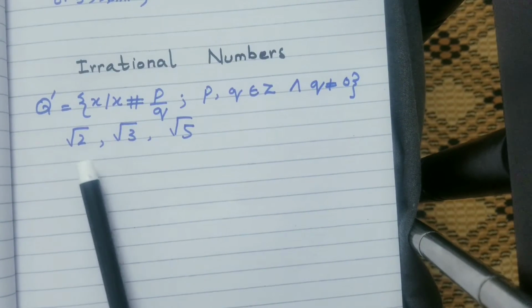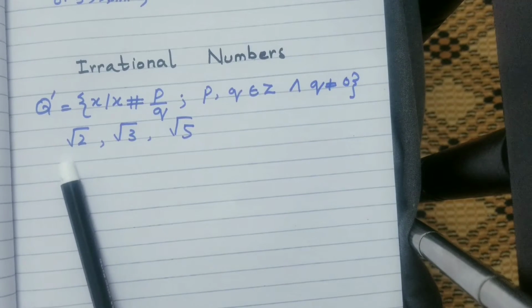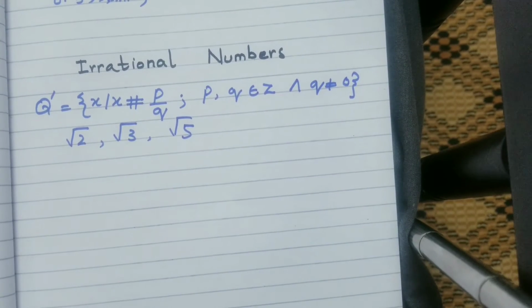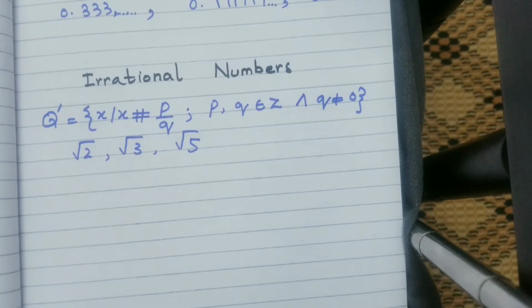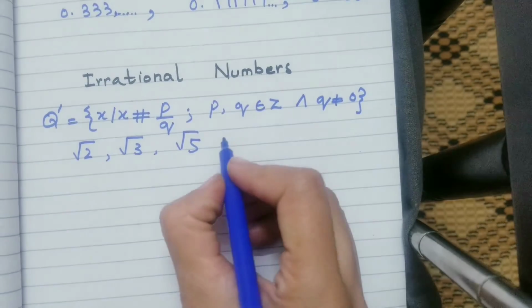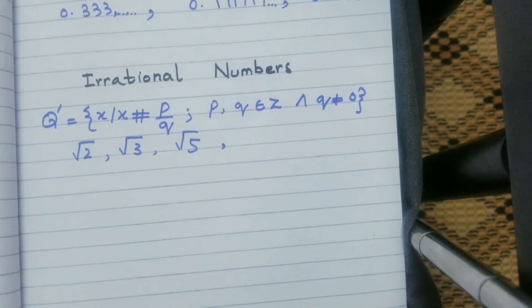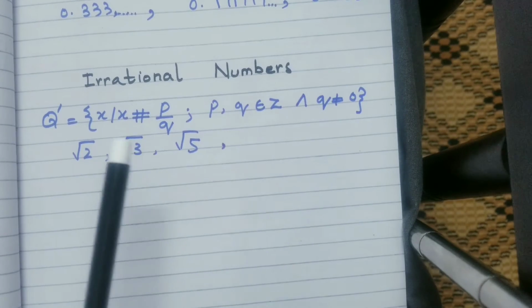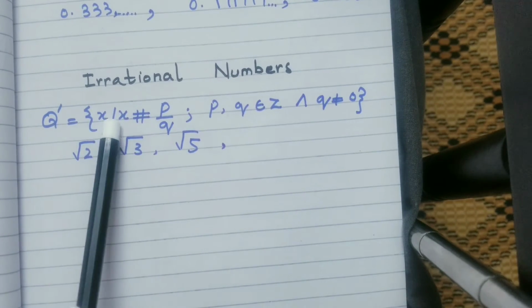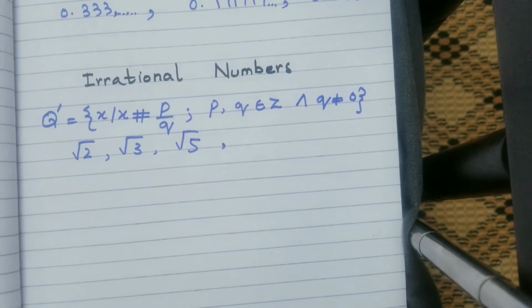You can check your answer by using a calculator. Also, you can check any fraction form. If that fraction form is non-terminating and non-recurring, then that number is not included in rational numbers.